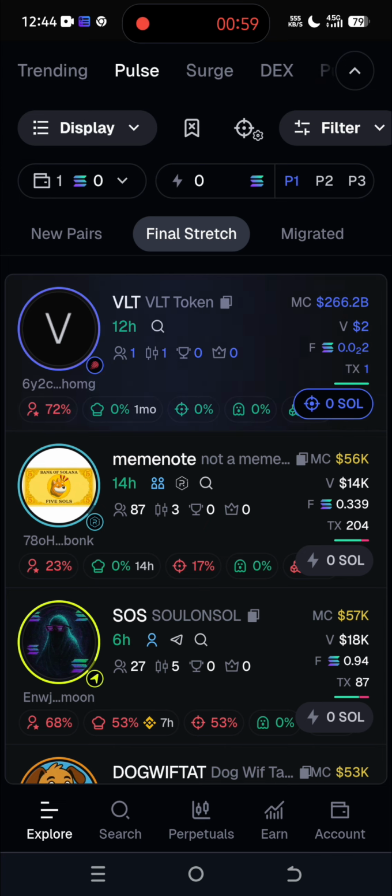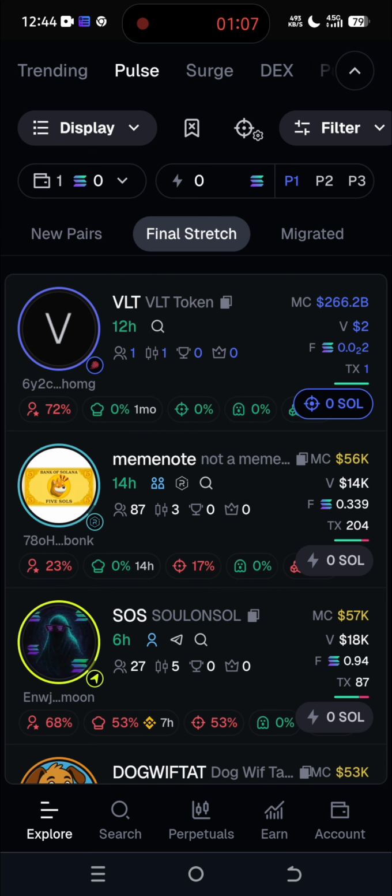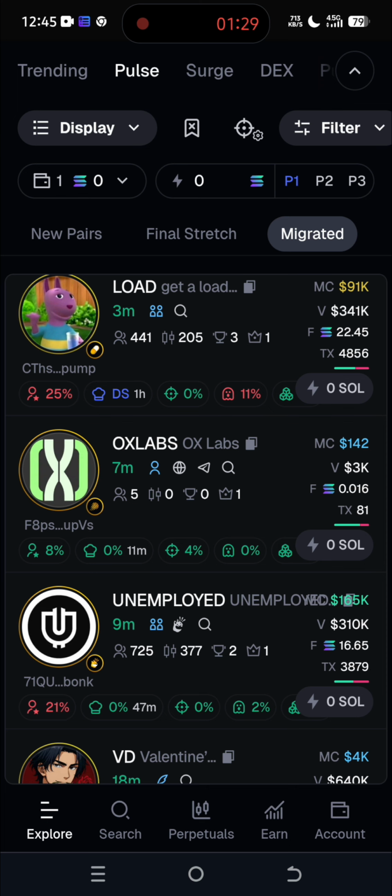New pairs are tokens being created, people are just creating tokens. With finance stress, the token is now getting attention and people are trading it, having a potential to migrate. Not all of them will migrate, but some will live here, migrate, and come to migrated.